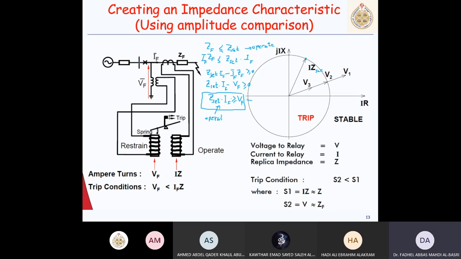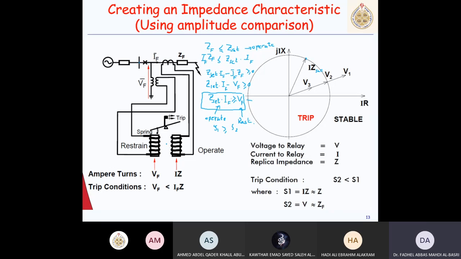And the right-hand side, the restraint quantity, because as this increases, it will restrain this from operation. Restraint quantity. So we have two signals, S1 compared with or equal to S2, for relay operating.